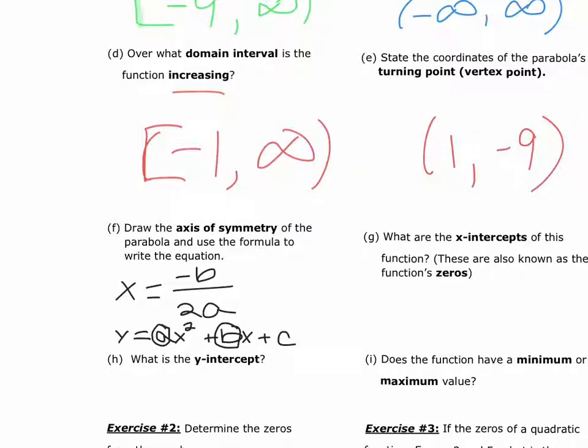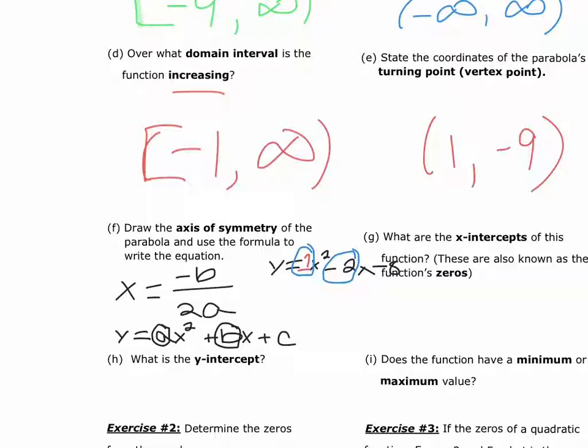So our equation in this is y equals x squared minus 2x minus 8. Okay? So here, since there's no number in front of that x squared, remember it's a 1. So this would be my a, and the negative 2 would be my b. Those are our important values here.